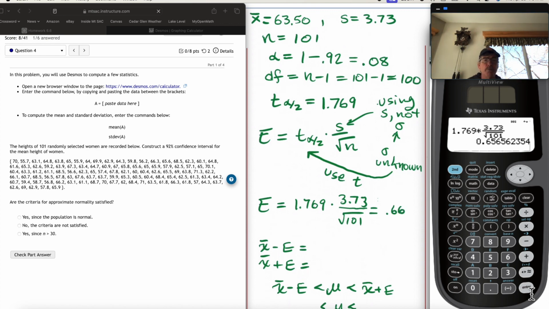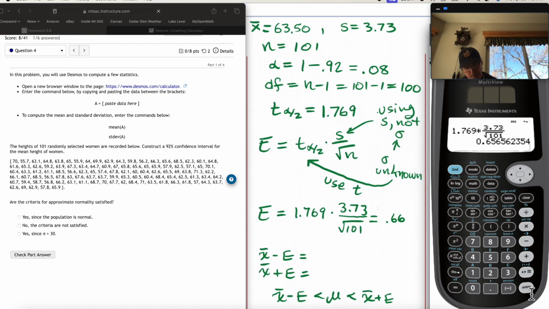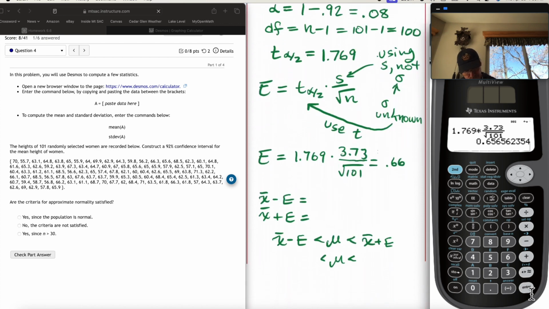Okay, and now we're ready to compute the limits for our confidence interval. So x bar minus E. Up above, we have x bar at 63.50. And this will be minus 0.66. And then the same number, 63.50 plus 0.66. So we'll do these.